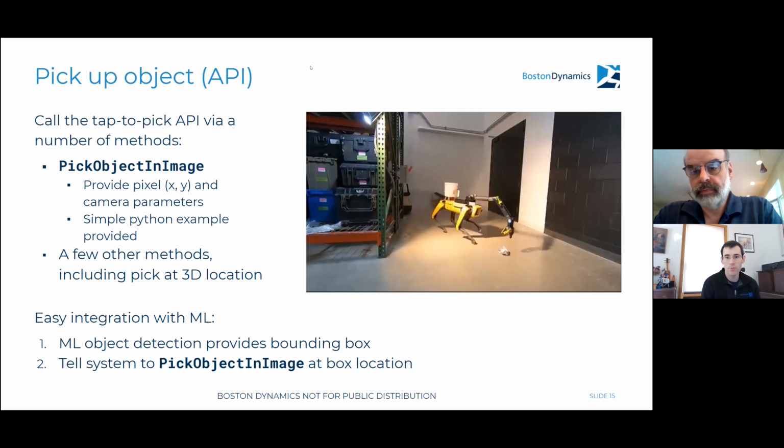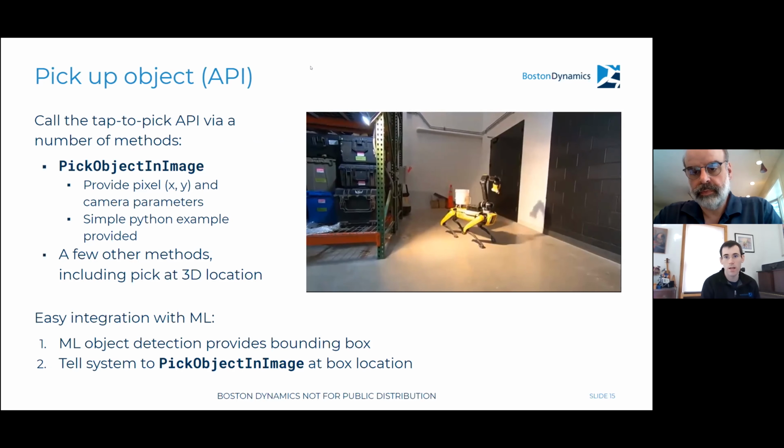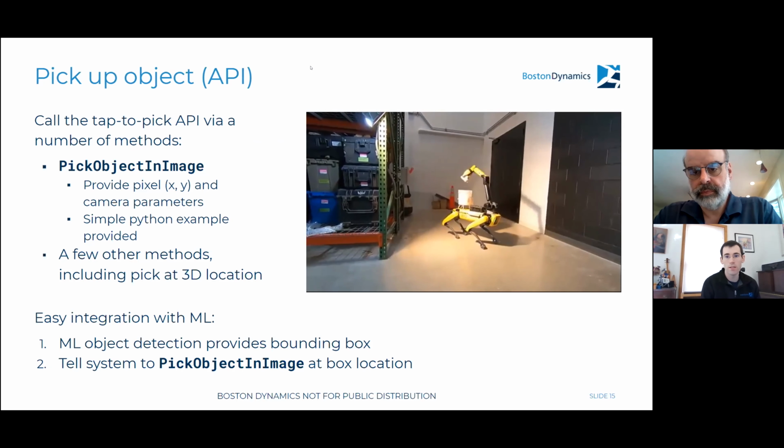This is really a pretty standard bounding box detector. It's not doing that much special. All we're doing here is taking the center of the bounding box and passing that into this pick object in image function. So there's a really nice connection between a whole variety of options to allow the automated grasping system to work for you. Let's go to the next slide.